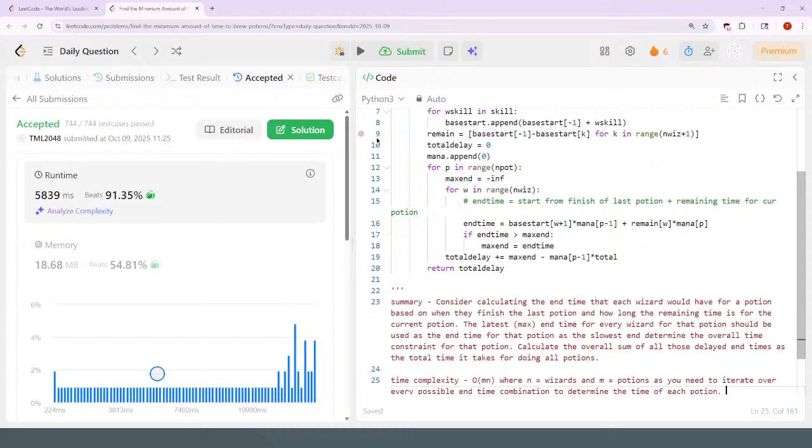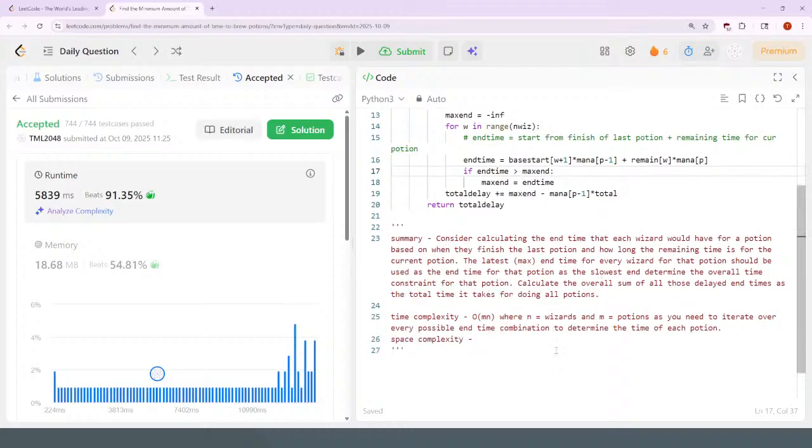So this is definitely a nested for loop of going through every potion, every wizard, to determine the delay.